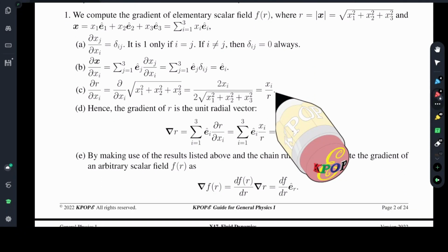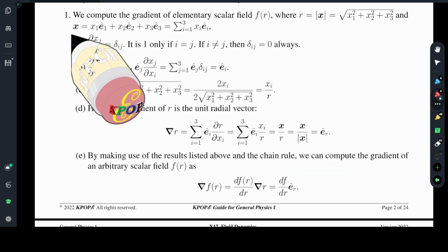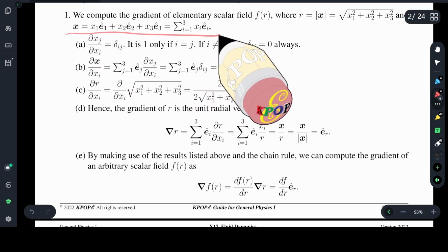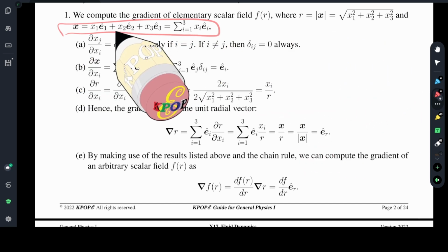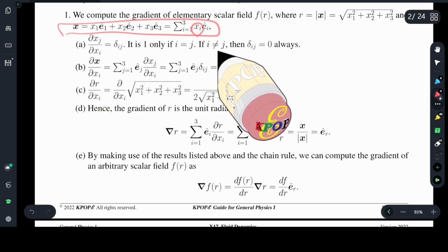To carry out explicit computation, it is good to exercise simple problems. The simplest vector field is the position vector. The position vector has components x_i, the ith Cartesian component of the position vector.